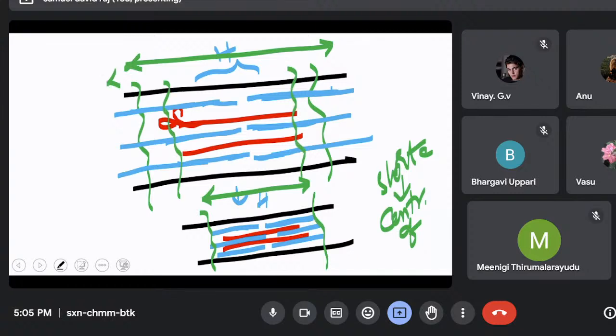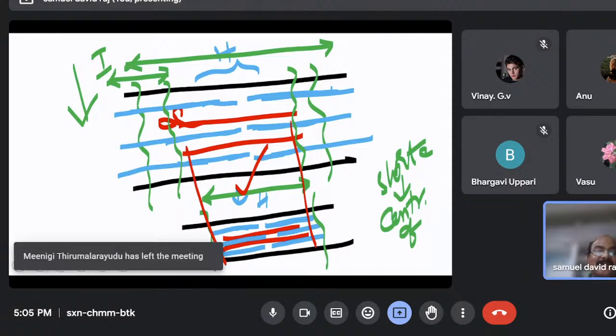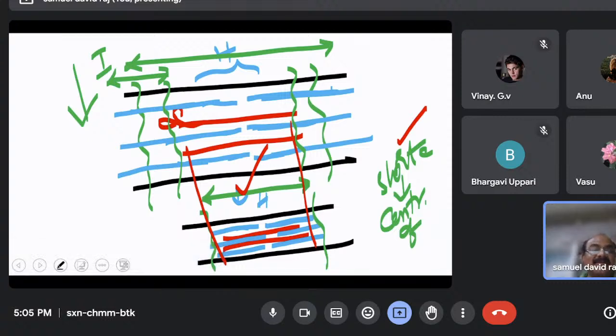Thus, the length of the I band decreases, whereas the length of the A band remains the same. This is what the sliding filament hypothesis is. The name says that the actin filaments slide past the myosin filament into the Hensen's disc, leading to the shortening of the muscle, and finally the contraction of the muscle.